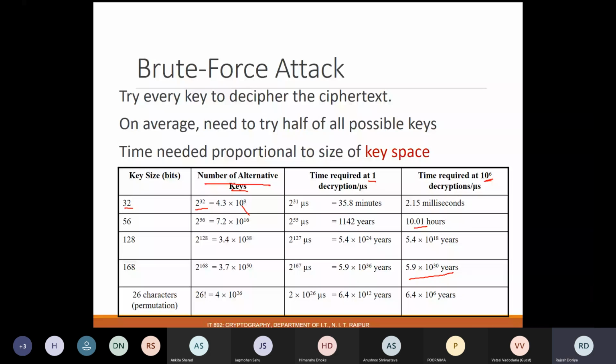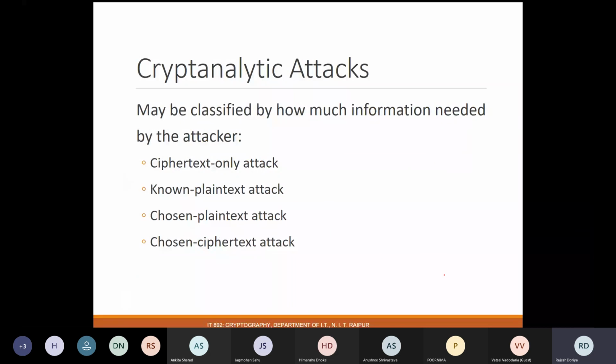So what we can infer is that in order to make any system secure, just increase its key size. Then we can say if we have a good enough key size, then the system is secure. But this cannot be a fact. Okay, this is not a fact. How?